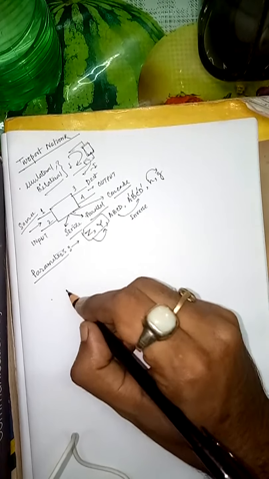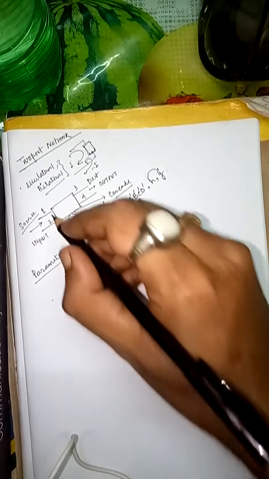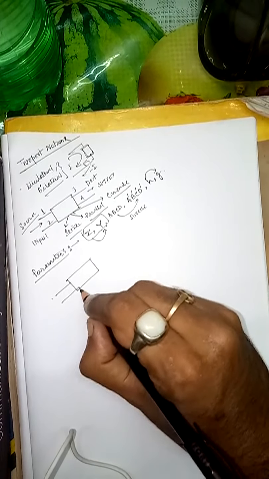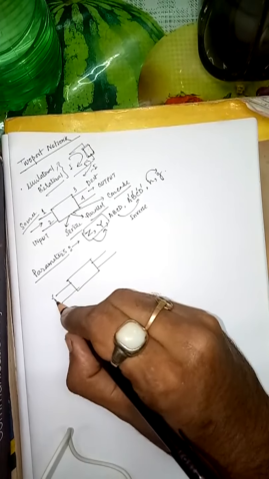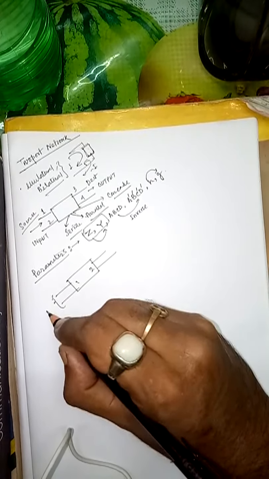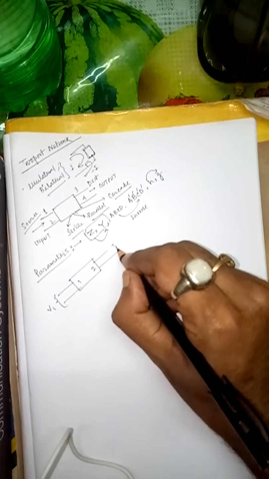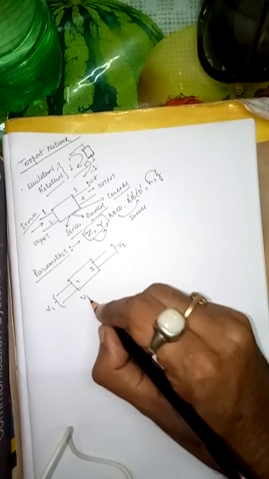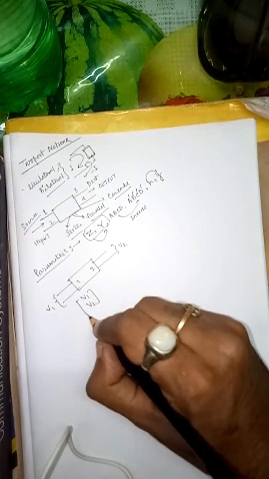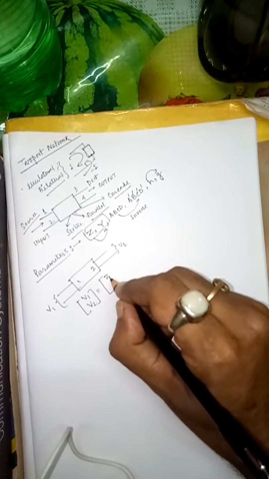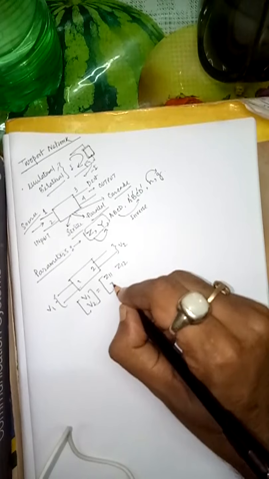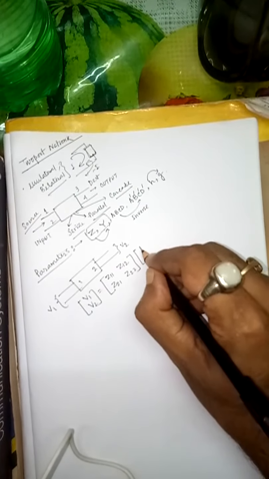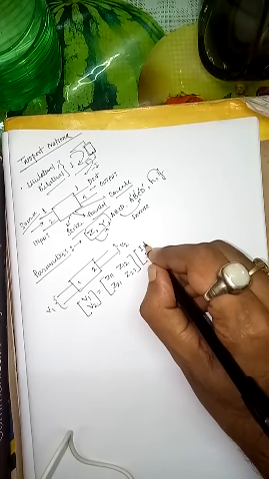In the Z parameters, the voltage and current relations are there in a particular two-port network. As you can see, if this is the input and this is the output, the input side is 1 and the output side is 2. If the voltages are V1 and V2, they can be written using the Z parameter matrix: V1, V2 equals the matrix Z11, Z12, Z21, Z22 times I1, I2.